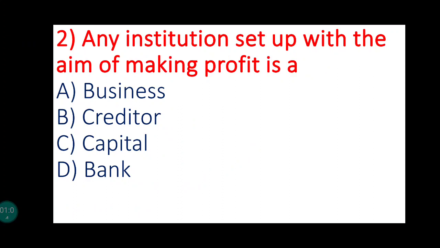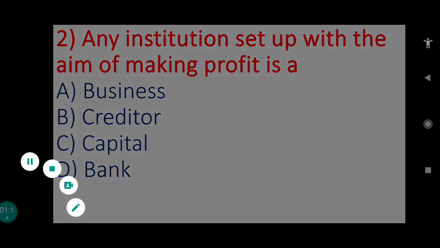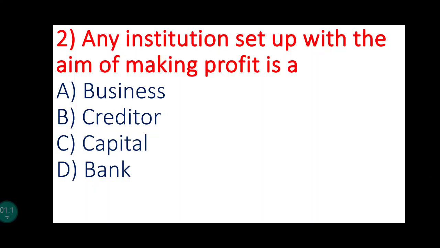Then the next one, any institution set up with the aim of making profit. So the answer is business. Any legal activity undertaken by a person with the aim of getting profit is known as business.